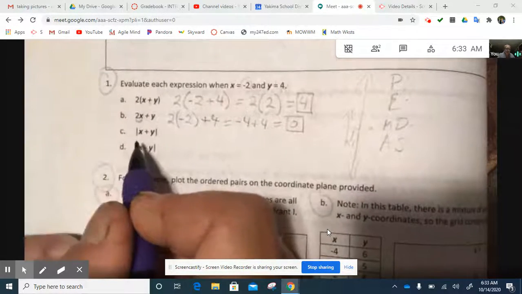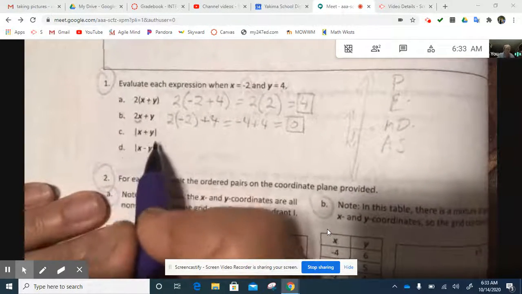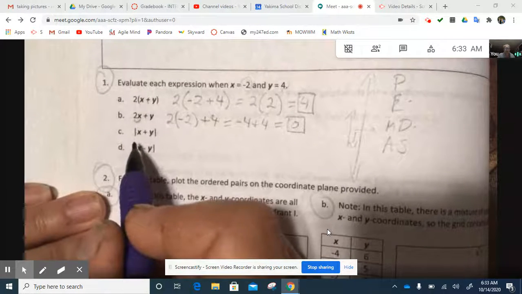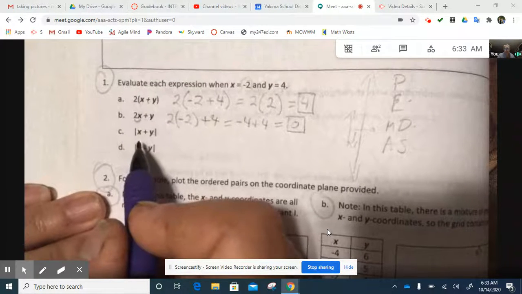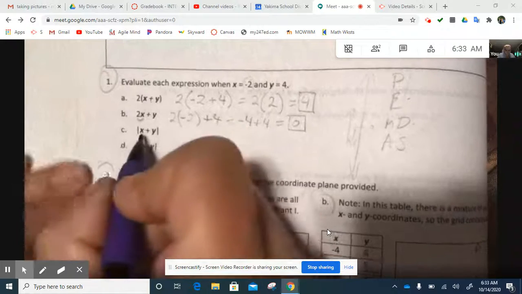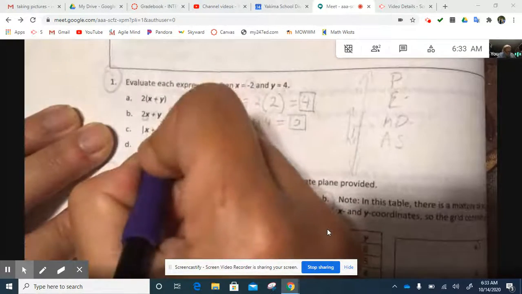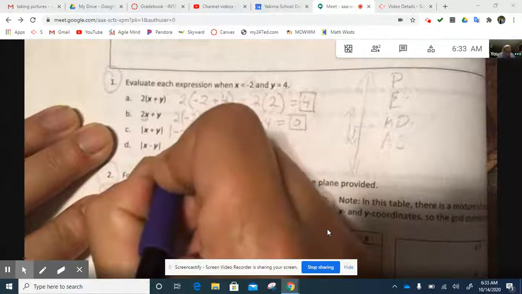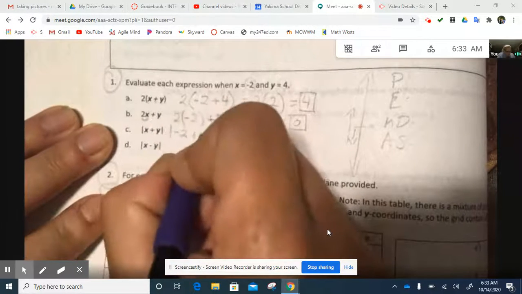Okay, if you remember absolute value, those two lines, absolute value means the distance away from 0. How many units away from 0 is it? So we have our absolute value of x, and x is a -2, plus y, which is 4.